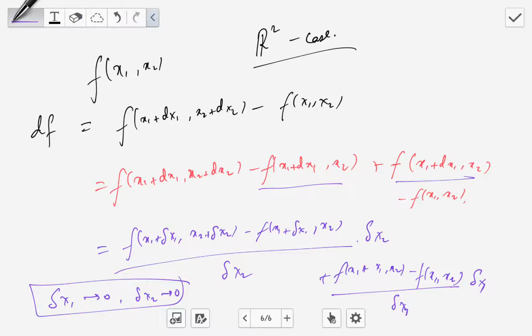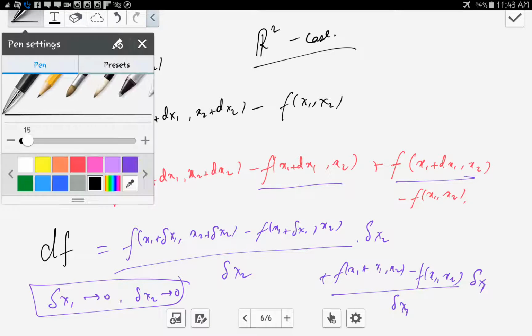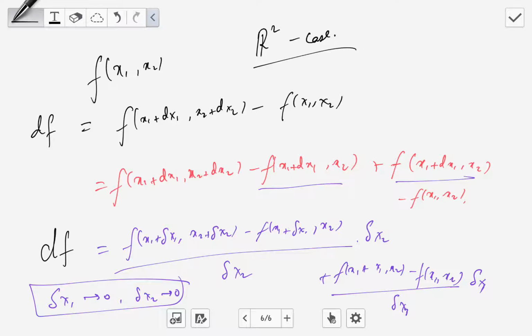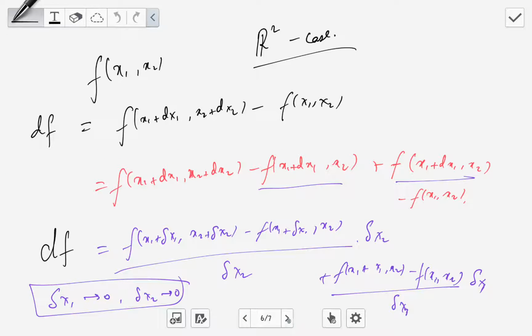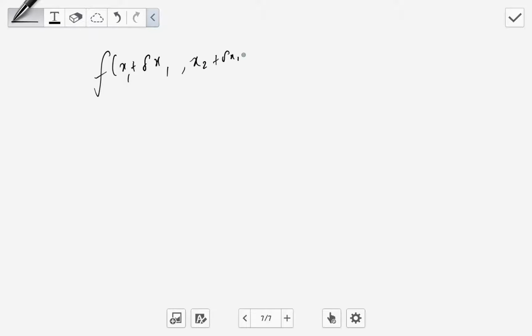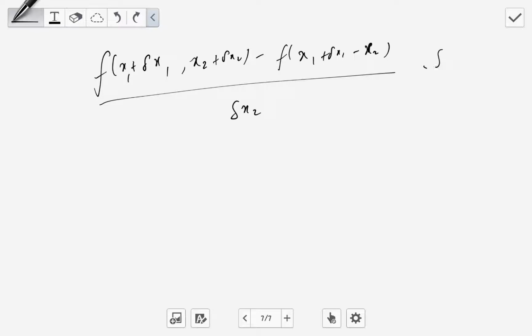Clear? What we did before, right? This is your df. Now, each of these is f of x1 plus del x1, x2 plus del x2 minus f of x1 plus del x1, x2, by del x2 into del x2, where the limit of delta x1 tends to 0 and delta x2 tends to 0.